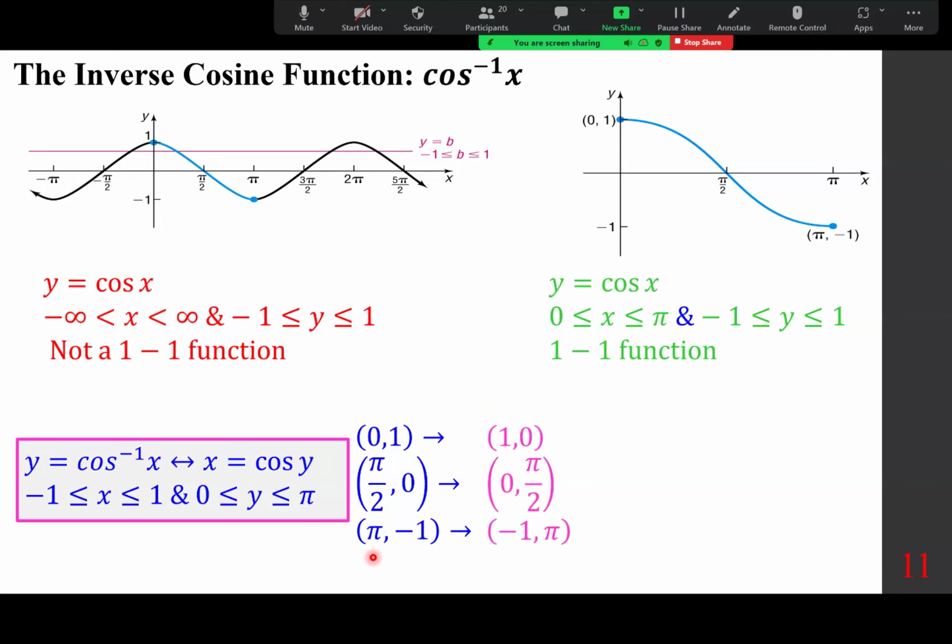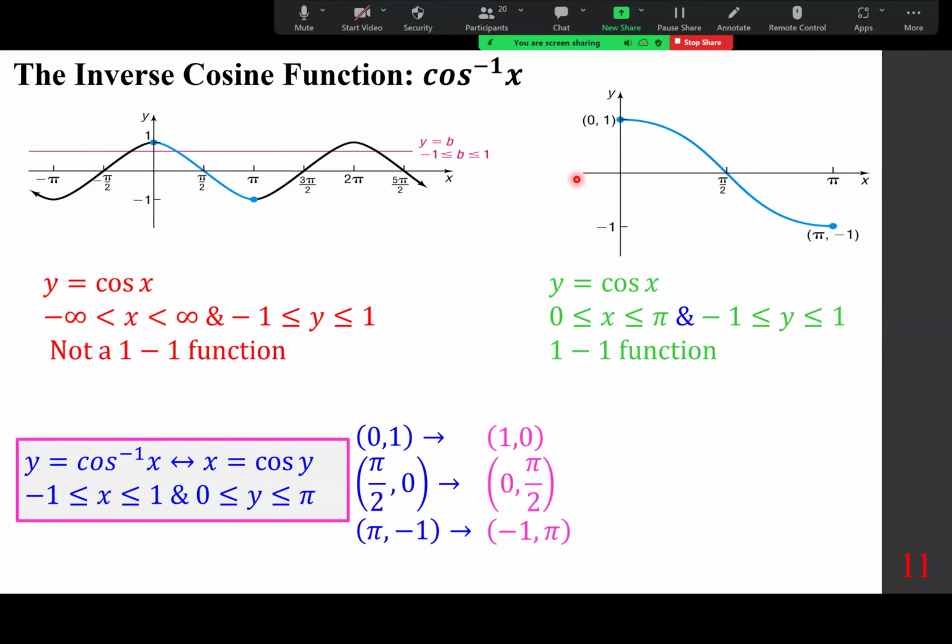So remember, pi is 3.14 roughly. So pi over 2 is about 1.5. So maybe here is about 1, 0. 0, pi over 2 is somewhere here.